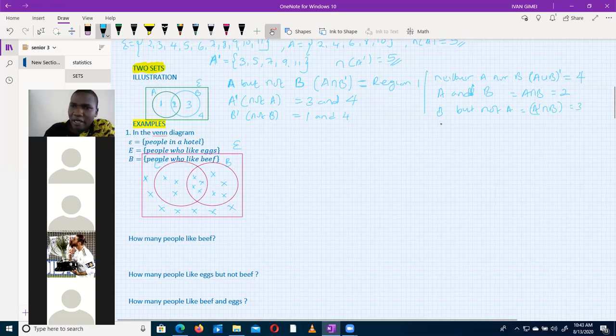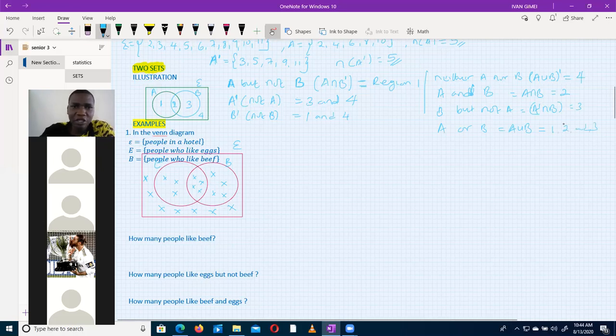The other one is this one. A or B. What does A or B mean? A union B, perfect. A or B means A union B, and this will be the same as region 1, 2, and 3.